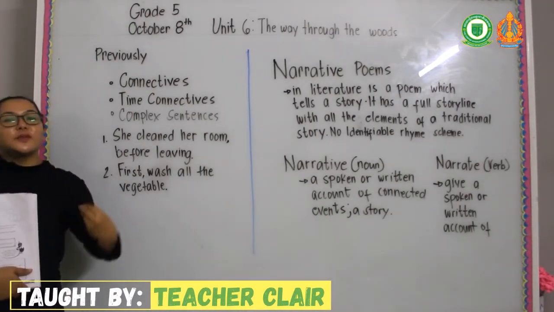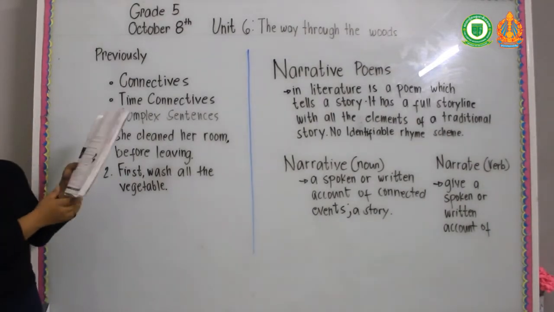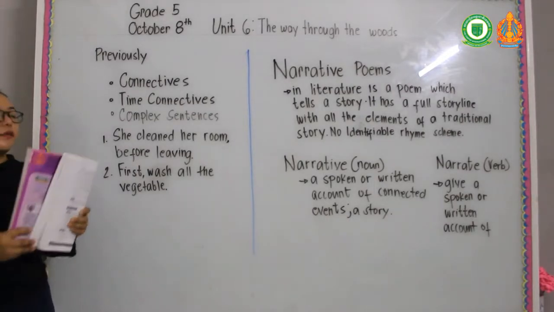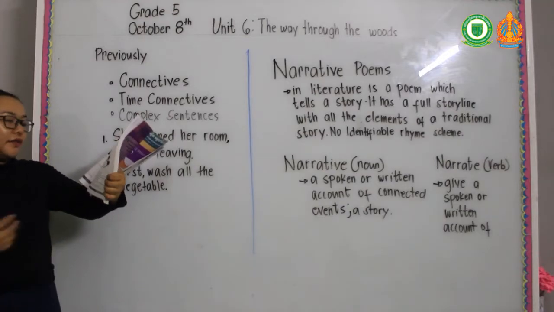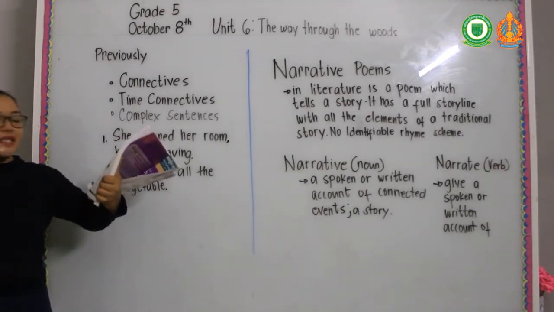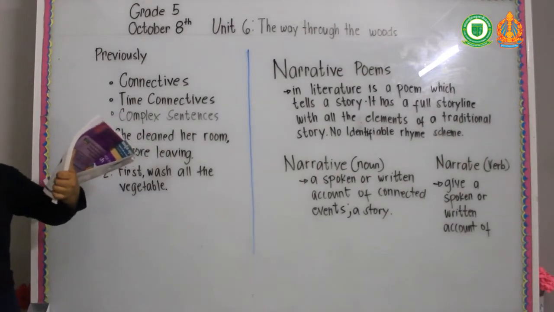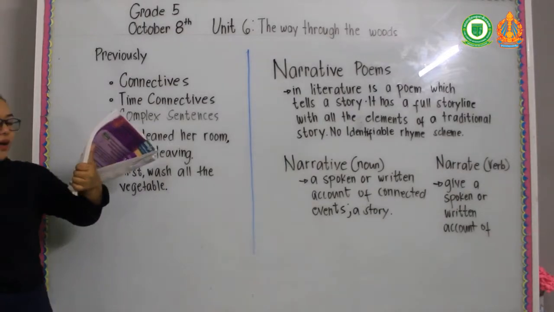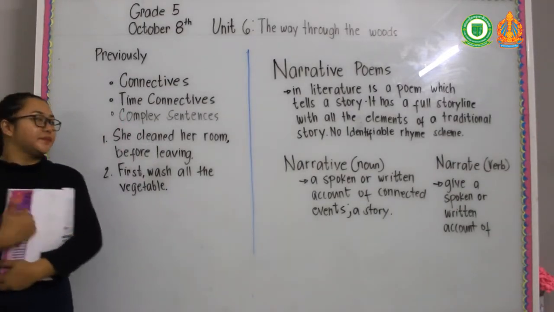Fourth, put all the vegetables in, and so on and so forth. Let's have more examples of time connectives: eventually, recently, finally, initially, when, since, after, ultimately, first. So there's a lot.